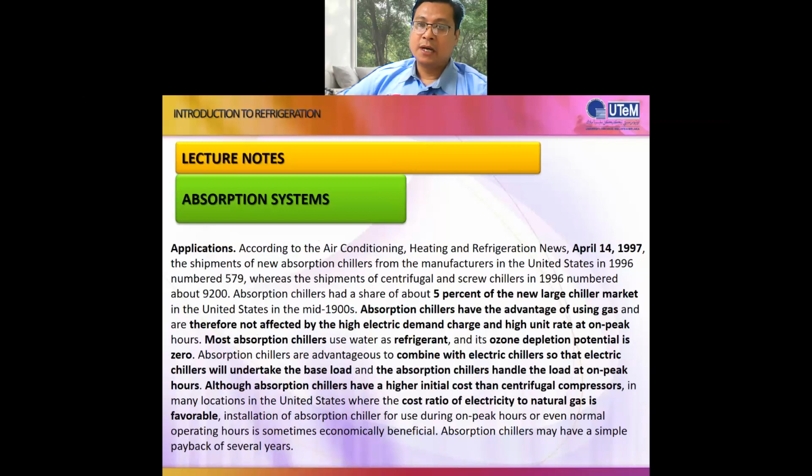So by using a higher chiller size, it will reduce the energy usage. That's why by using this one, because this type is higher, maybe it will be more effective compared to a small refrigeration system.